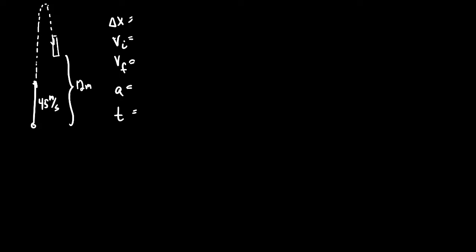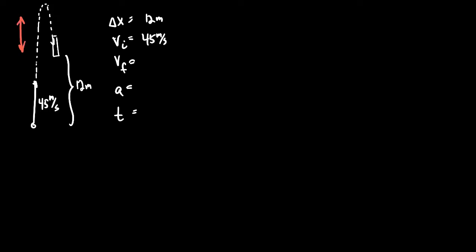And we're told that we throw the rock upwards at 45 meters per second, and that it's got to travel at least 12 meters upwards. That's all the given information. So we have vectors here, so let's not forget to decide positive and negative. It's your problem.